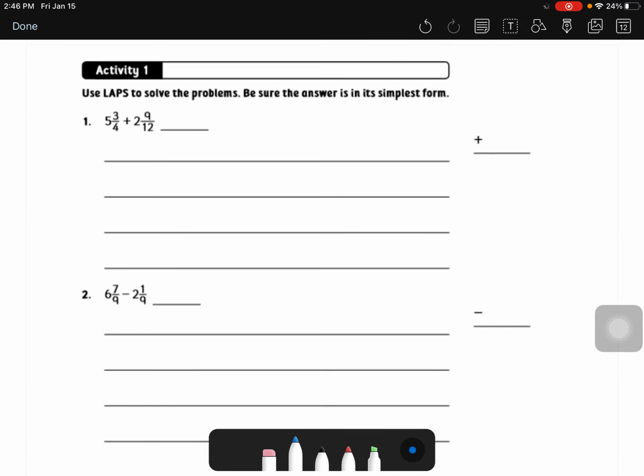Okay, so just a few more problems like this. So we're going to look at this addition, and we're going to line it up and alter what we need to. Maybe I'll do that right here to show. So if I have 4 and 12, if I multiply by 3, I suppose I can do that.